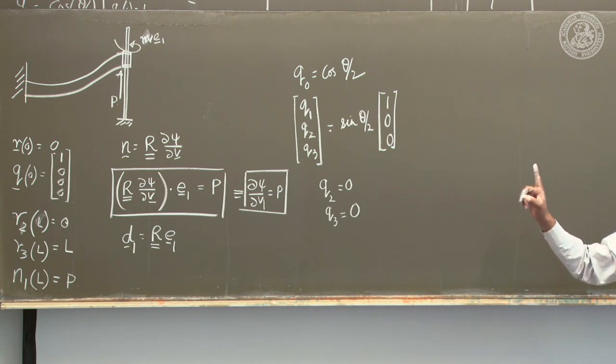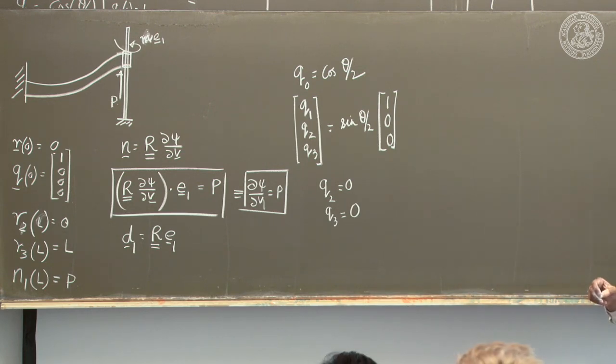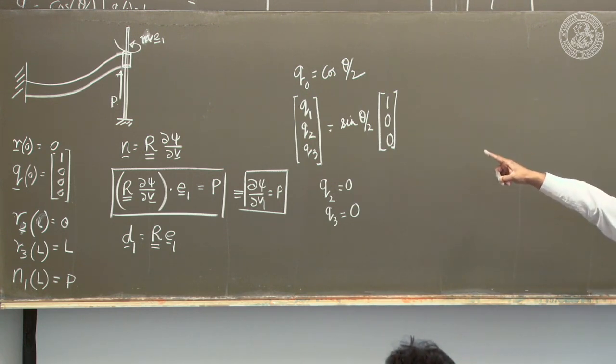So, one more is remaining. What is that one? You see, the moment is prescribed there, bending moment is prescribed. So, how do you write that?